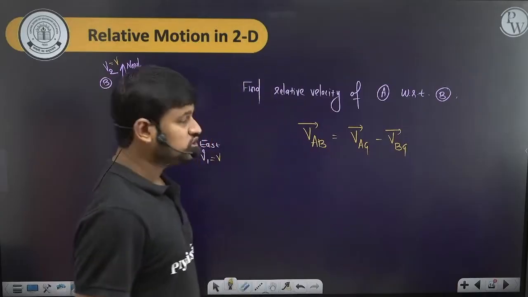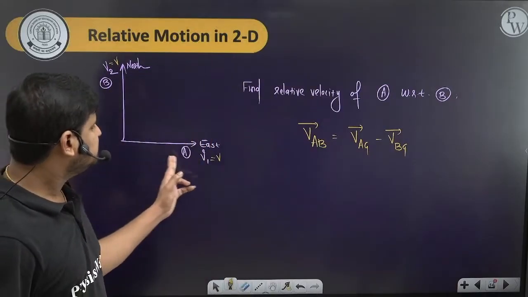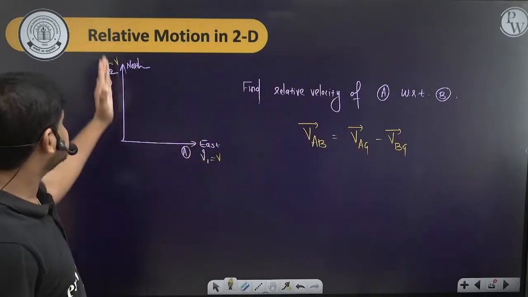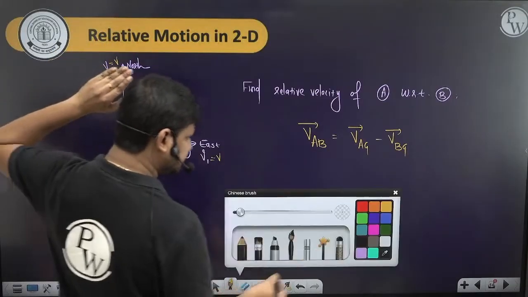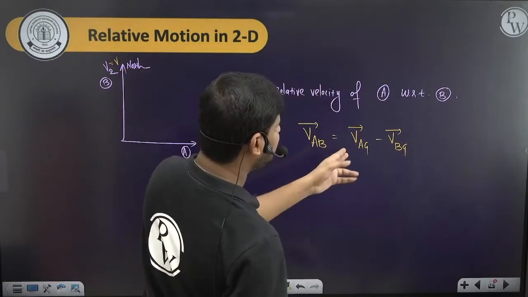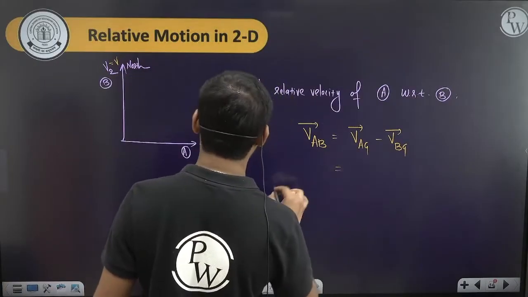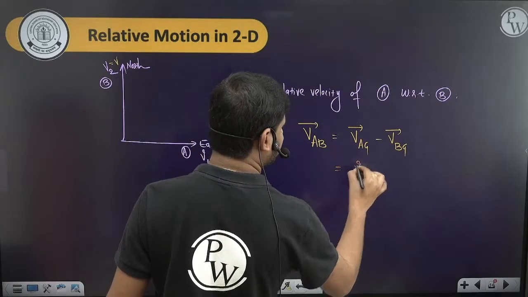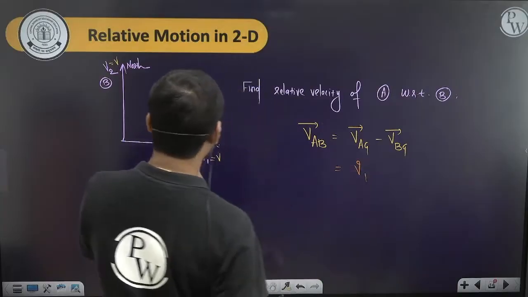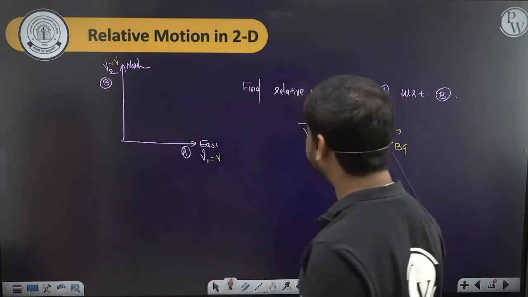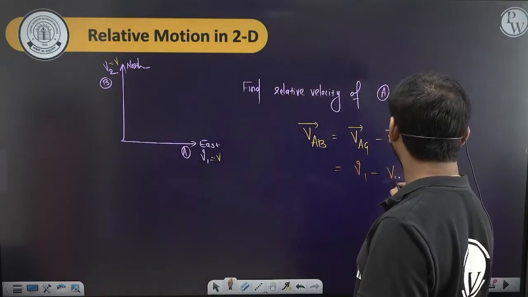Here A is moving in the east direction and B is moving in the north direction. So VA minus VB, where VA is V1 and VB is V2.